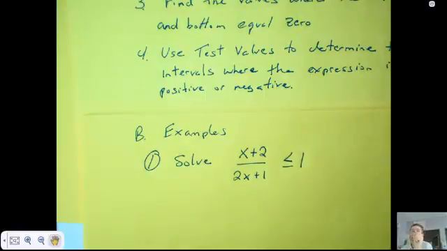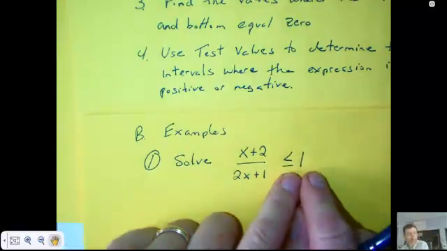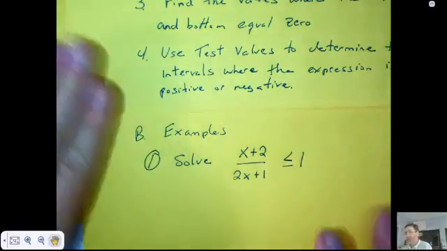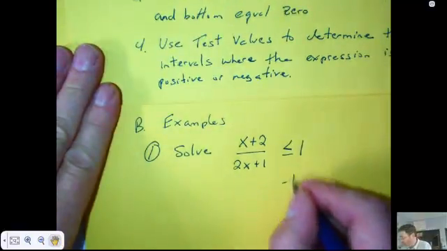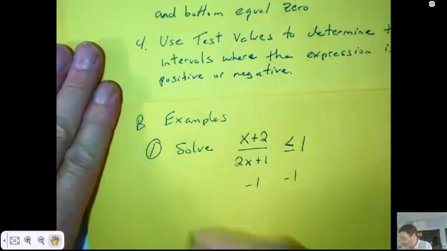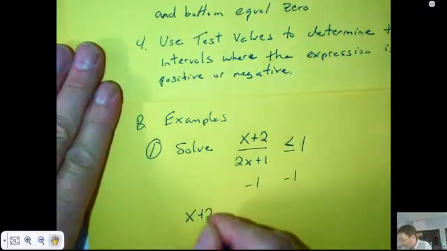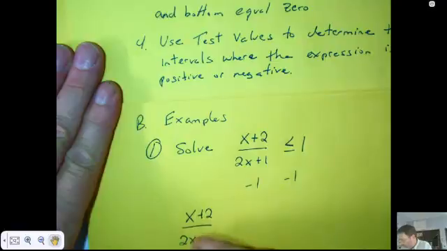I need to compare it to 0, because right now this expression is compared to 1. So how do I compare this to 0? I subtract 1 from both sides. So I have x plus 2 over 2x plus 1 minus 1 is less than or equal to 0.